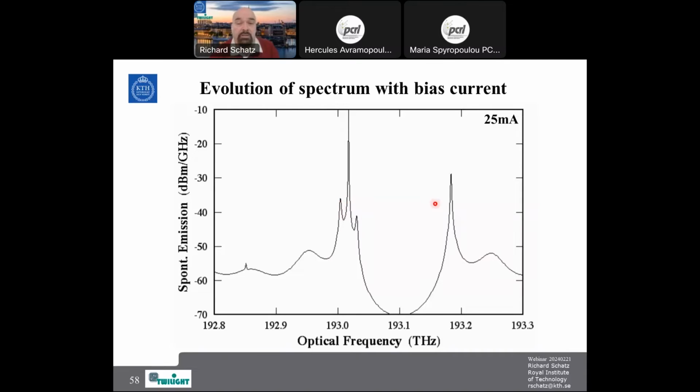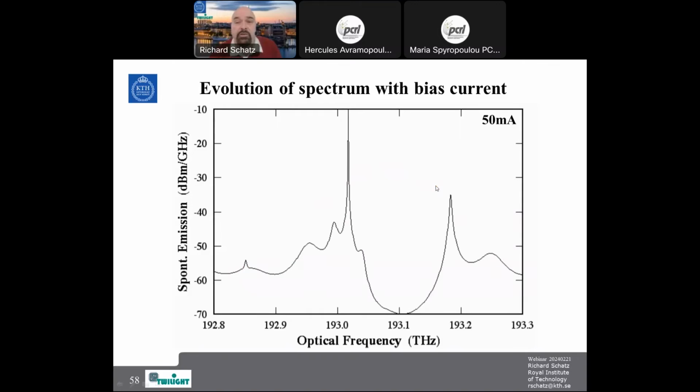We also see that we have a strong side mode here that interacts with the main mode, and by gain compression gives a small contribution here, which is sort of a four-wave mixing contribution, which is due to the gain being modulated by these two, and that will modulate the laser mode and give a sideband here at the same frequency difference that is between this mode and this mode.